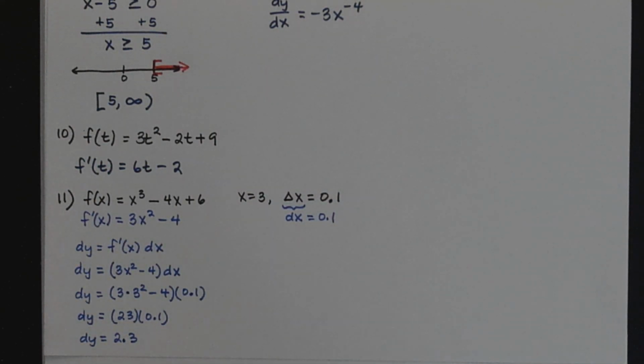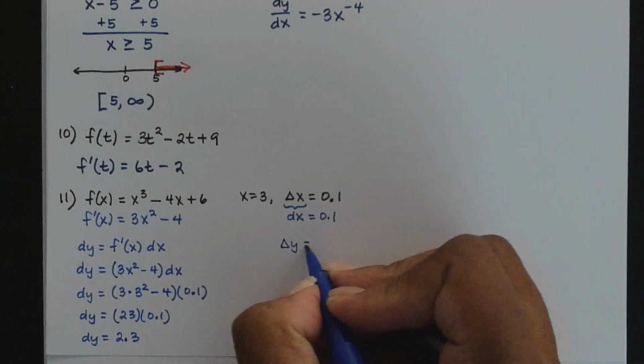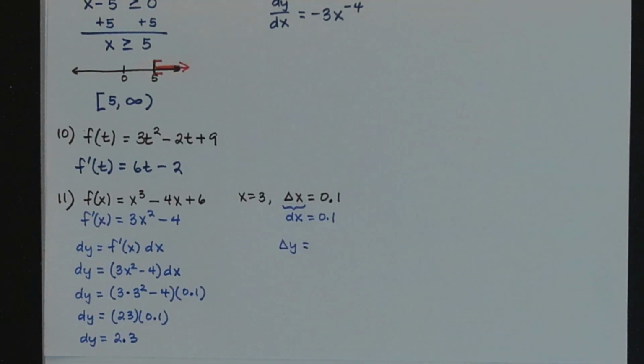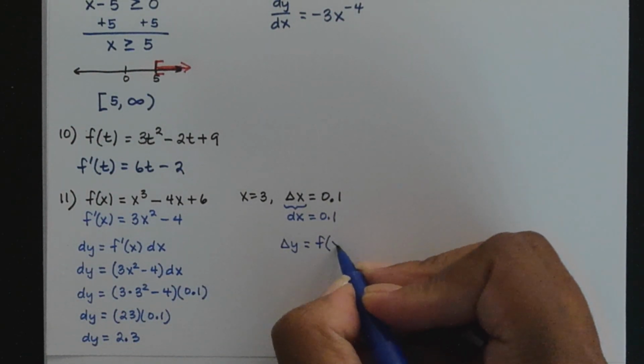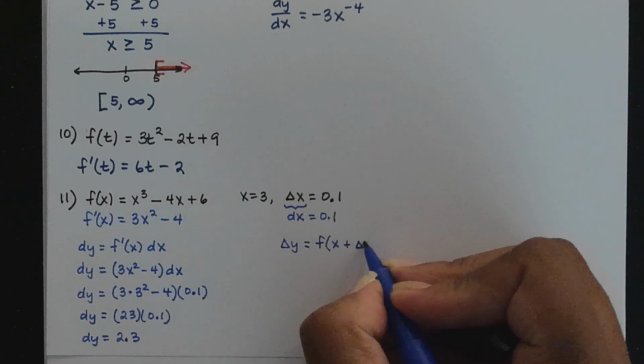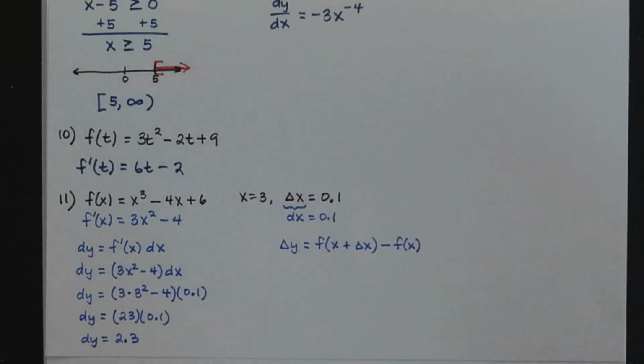And they also want delta y. Well, this goes back to the original definition of what a derivative is. And of course, that's a change in y divided by the change in x. The change in y, or delta y, is f of x plus delta x minus f of x.